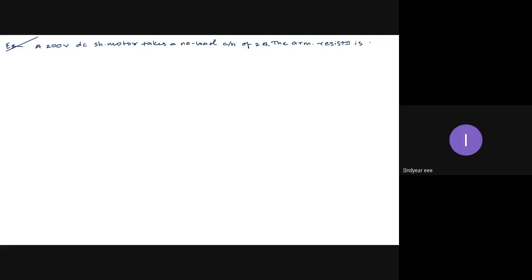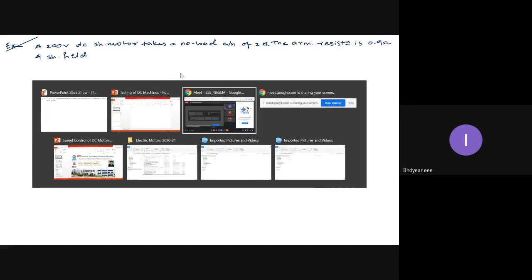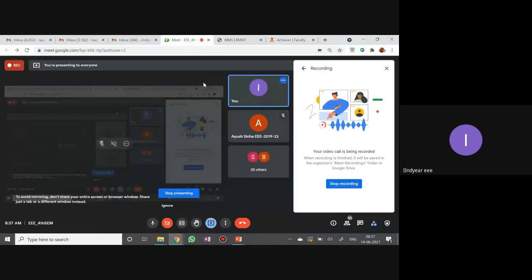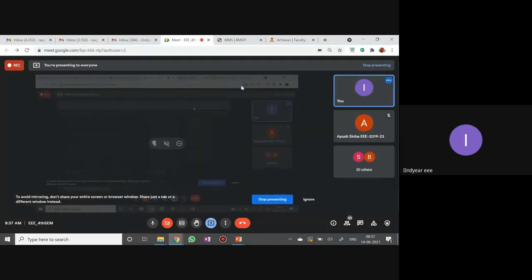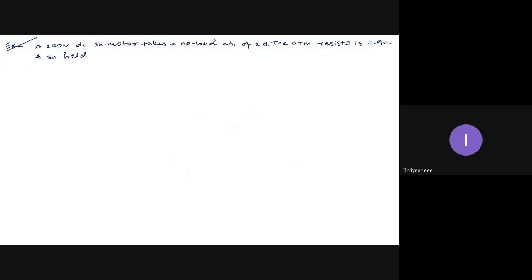Armature resistance is 0.9 ohms and shunt field resistance is 200 ohms.